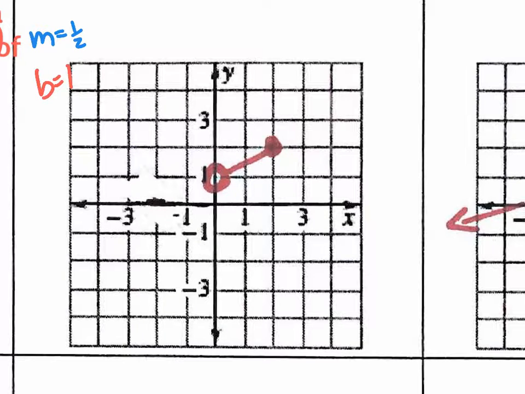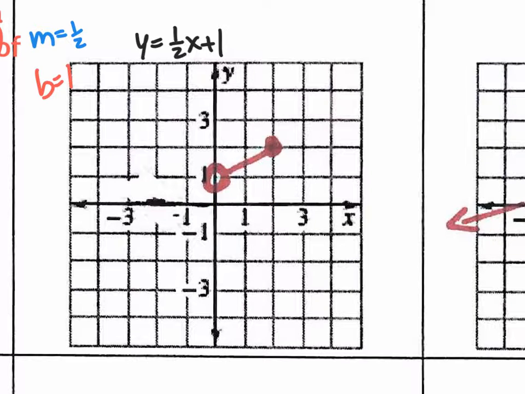So our equation is technically y equals 1/2 x plus 1, but we need a condition. So in terms of the x number line that goes from left to right, would you say that it's to the left, to the right, or is it between two values? It's between two values. It's between the x value of 0 and 2, right?